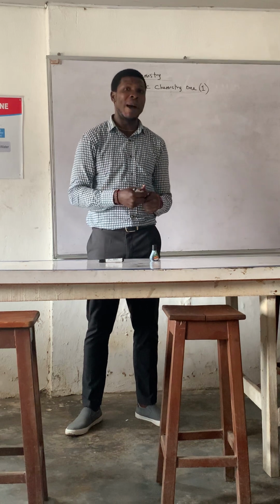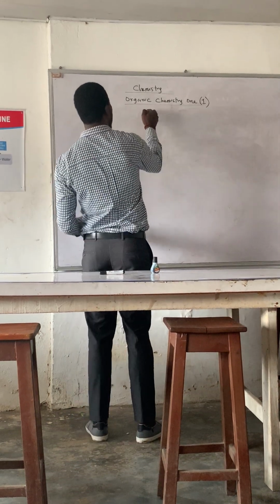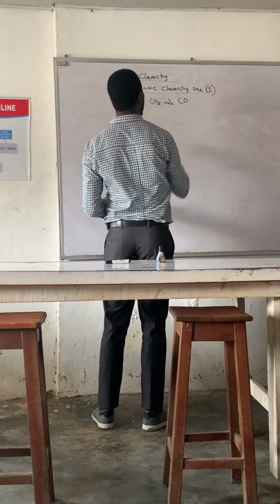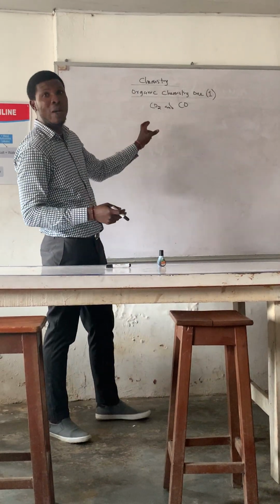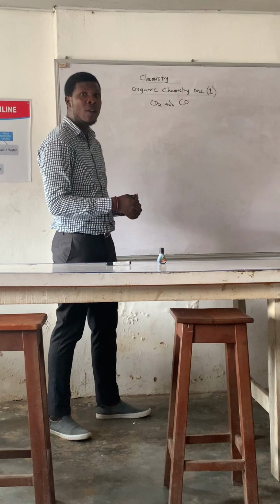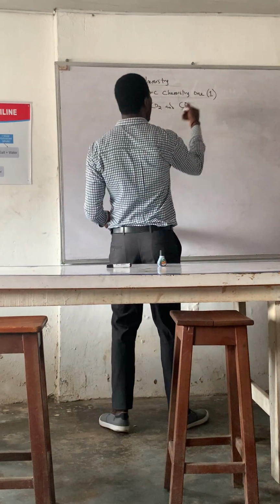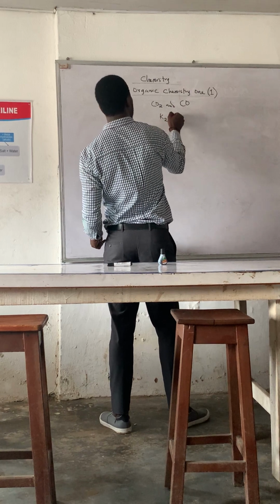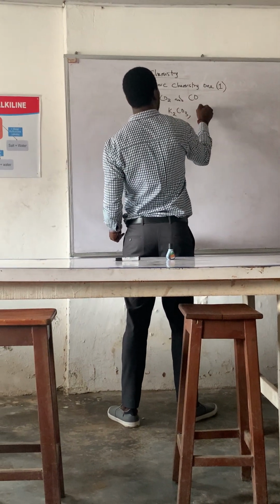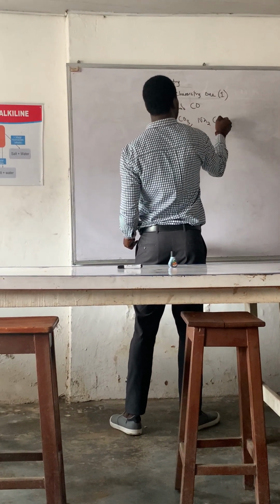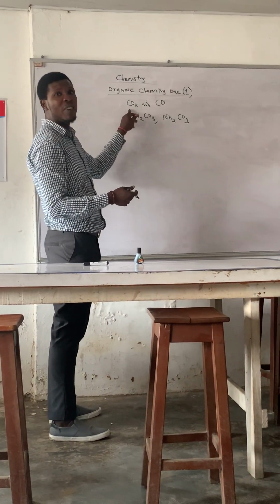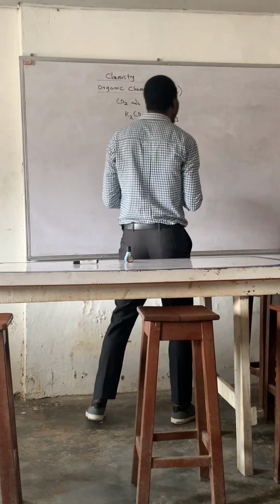When I'm talking about the oxides of carbon, I'm referring to CO2 and of course CO. So the both of them are collectively referred to as inorganic compounds of carbon. We also have the carbonates, for example potassium carbonate or sodium carbonate.